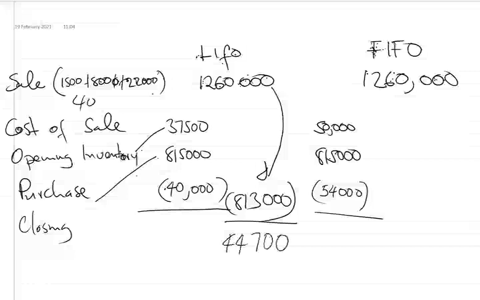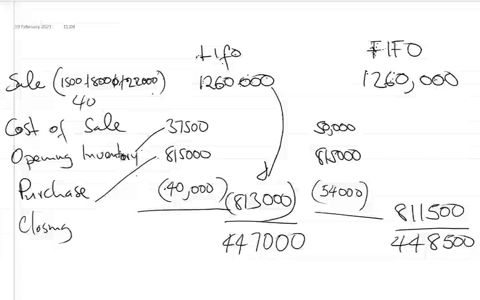While for this one, we should find the cost of sales being 811,500, and the gross profit should be 448,500. So that's how we should find the gross profits.